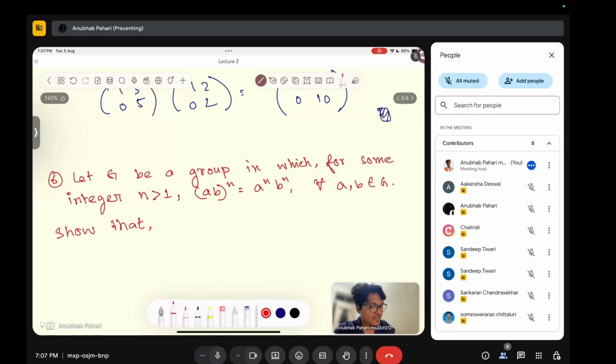For a: the set of a^n, that is x to the power n, which belongs to G, is a normal subgroup.